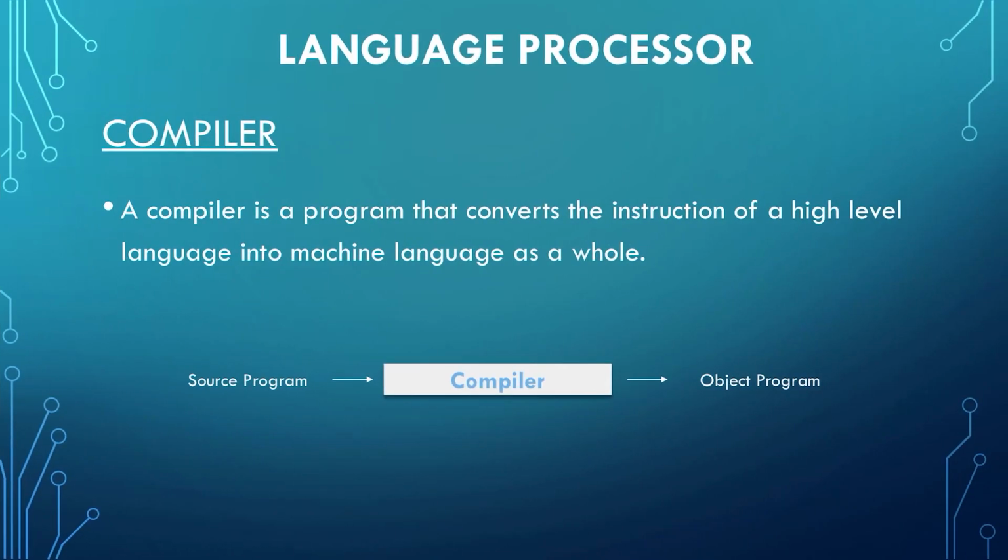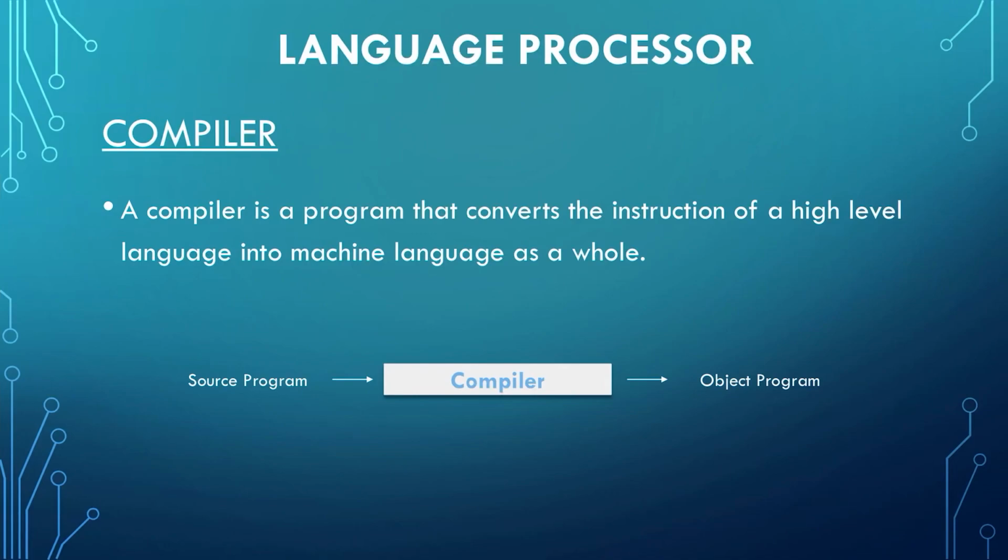First of all, we will discuss the compiler. A compiler is a program that converts the instructions of high level language into machine language as a whole. Let me make you understand. Every language processor is going to convert the source code into object code.